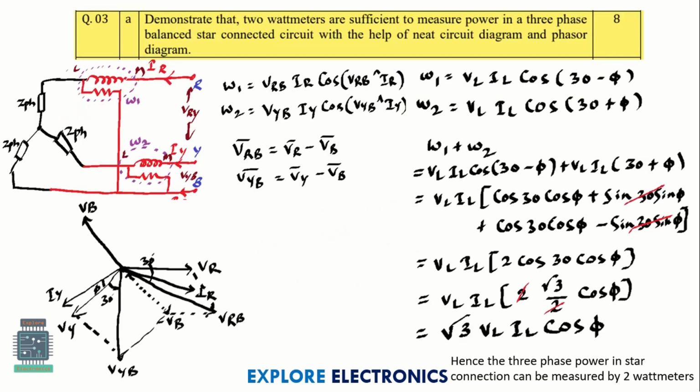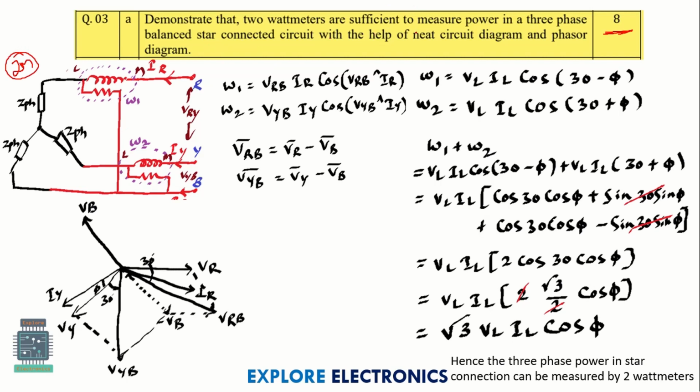And then demonstrate that 2 wattmeters are sufficient to measure the power in a 3-phase star connected circuit. With the help of circuit diagram and phasor diagram, you need to explain. So you need to write the circuit for that. Here also this question carries 8 marks. So this circuit of 2 wattmeters carries 2 marks, and in the question itself they have mentioned it is a star connected one.